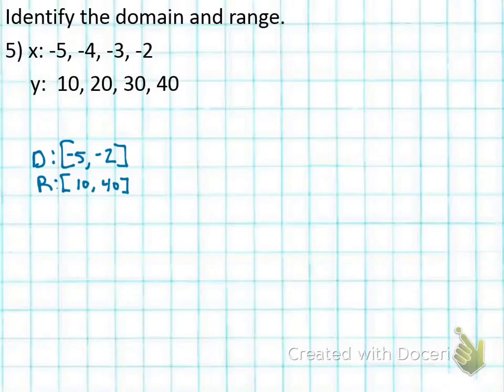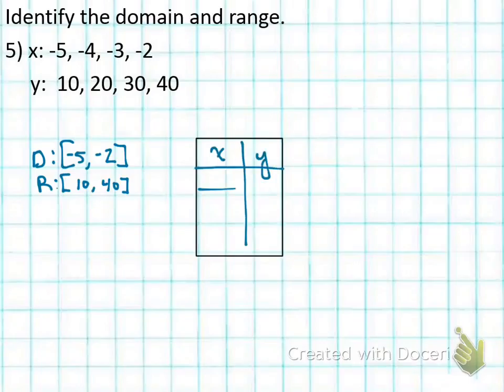Now, this isn't showing mapping, but let's say we wanted to map these numbers. And let's say that this was the domain and range. One way you could do it is you make your own table, X and Y table. And you could put the smallest to biggest, -5, -4, -3, and -2.